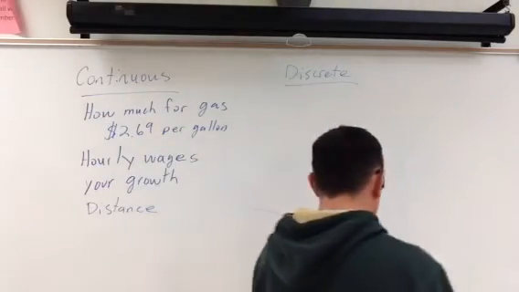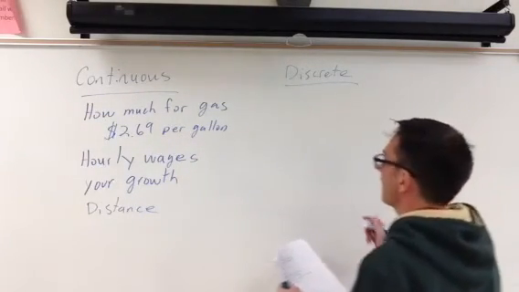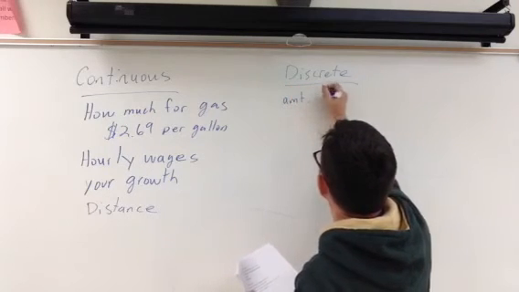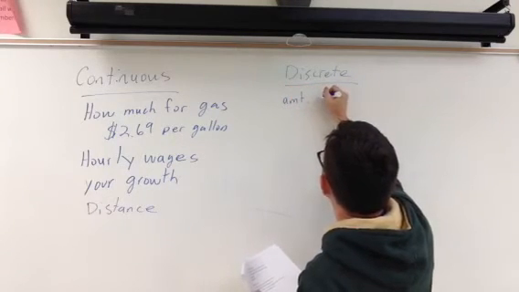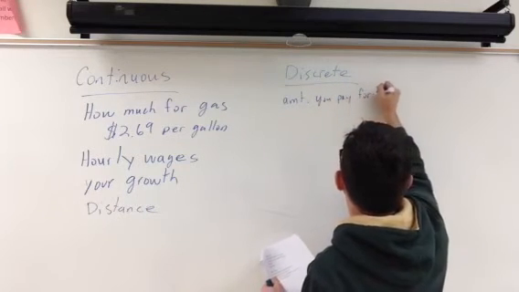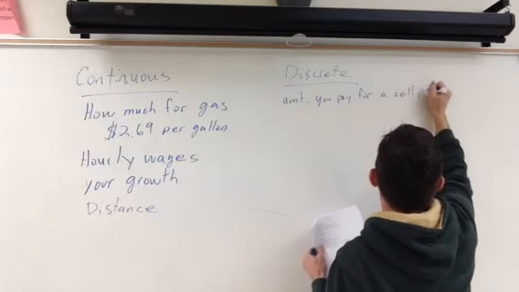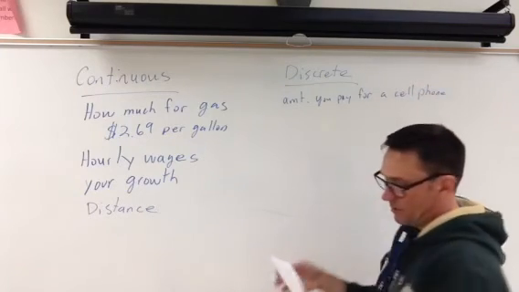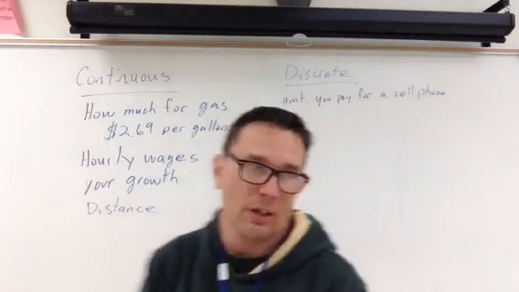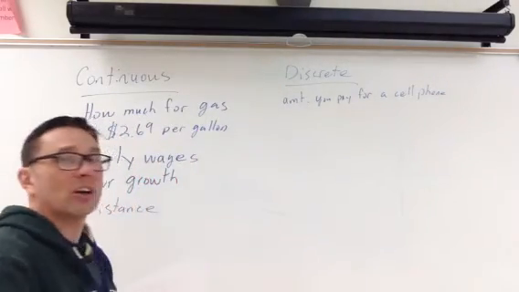Some things that are not continuous: maybe the amount of money you pay for each cell phone you own. Maybe your family, you want to buy brand new phones for everyone for Christmas, and maybe each cell phone is $700.